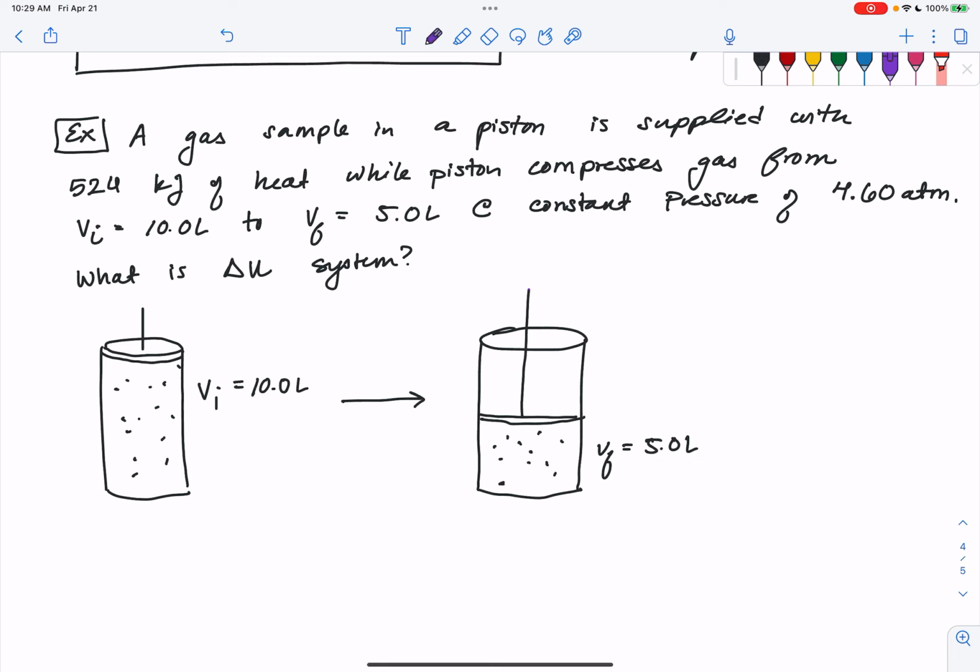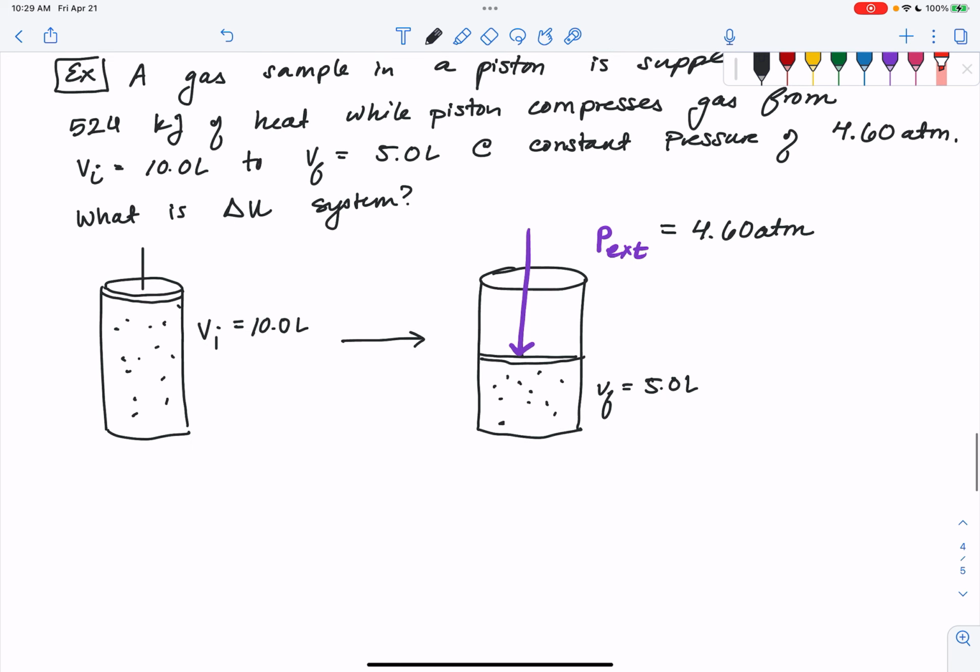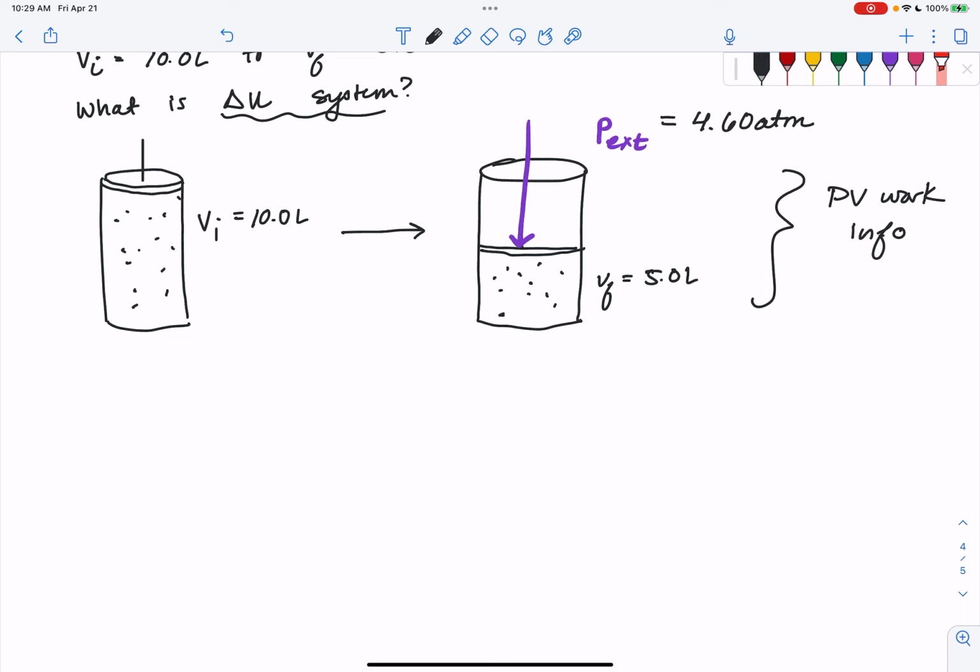And the external pressure that is responsible for this compression is 4.60 atmospheres. And okay, this information all seems to be related to changing in pressure and volume. So this is going to be my PV work information for my delta U calculation.